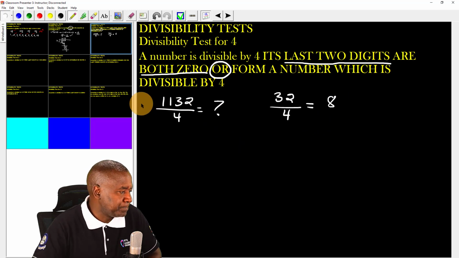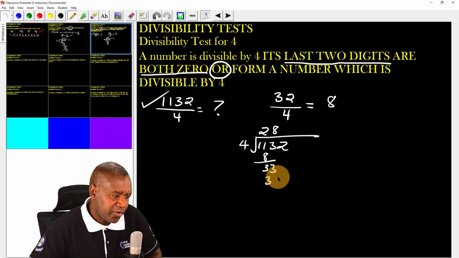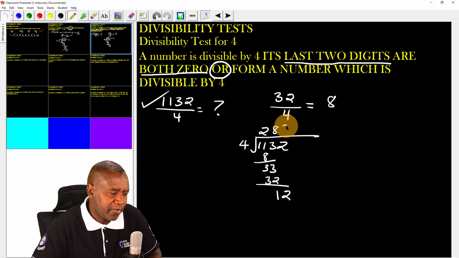So let's run the test. We want to divide 1132 by 4. 4 goes into 11 2 times because of 8. Then I have 3. I drop this 3 here, and I have 8 here because of 32. And then I drop 2, and 4 goes into 12 3 times to give me 12, and I have 0.